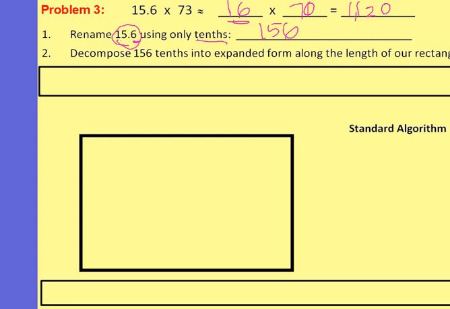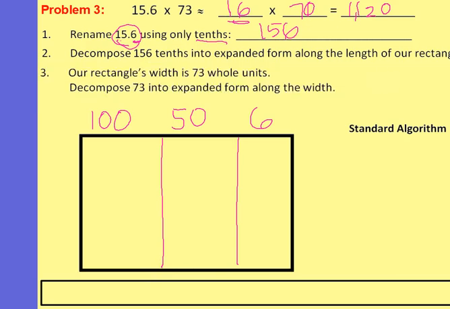And if we decompose our 156 tenths into expanded form along the length of our rectangle, we would have 156. So let's go ahead and divide our rectangle out to show 156 tenths. Now, for the width of our rectangle, we want to take our 73 whole units.